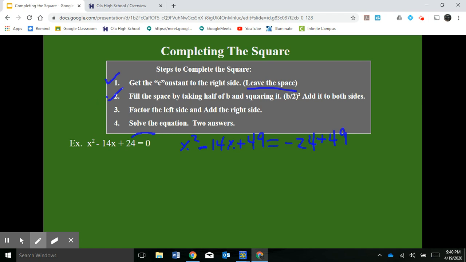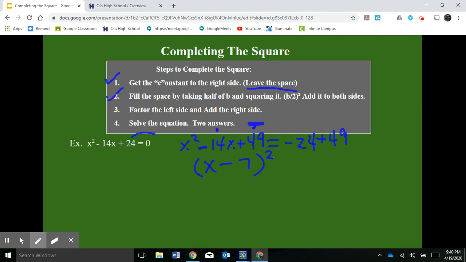Step three says factor the left side. If you remember, we're looking for two numbers that multiply to get 49 and add to get negative 14. In these problems, it will always be the square root of that number. The square root of 49 is 7. Two numbers that multiply to get 49 and add to get negative 14 are negative 7 times negative 7.